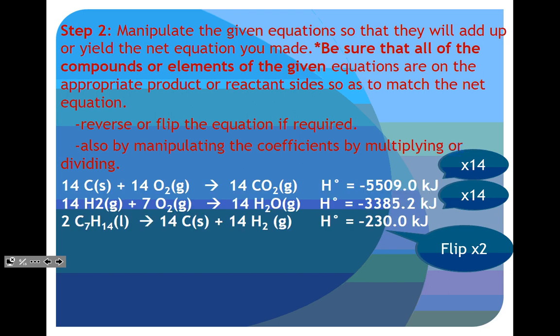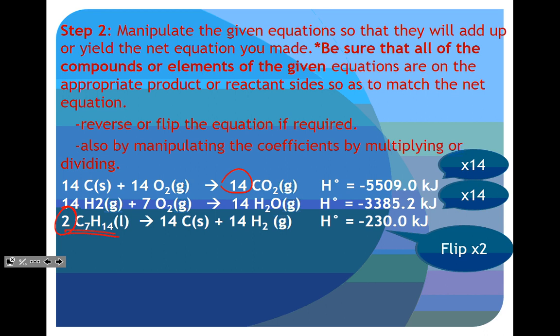So those are my 3 pieces of evidence, and what I've done here is I made sure there's 14 carbon dioxides, and I also flipped and multiplied by 2 because I need to have a coefficient of 2 for the cycloheptane. Okay?